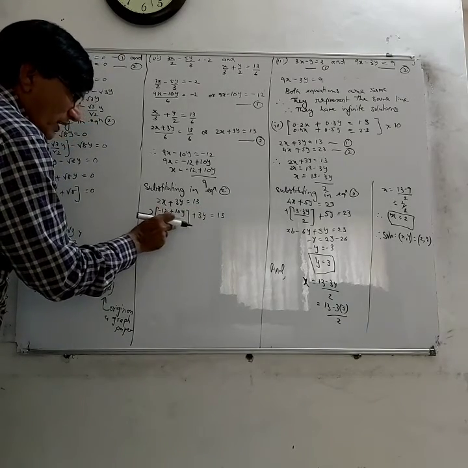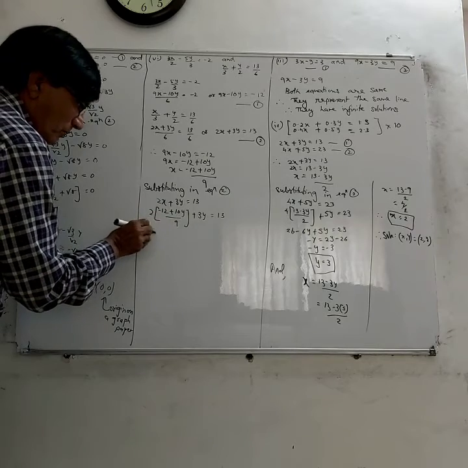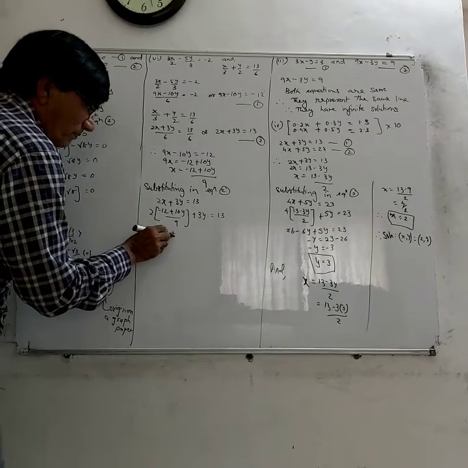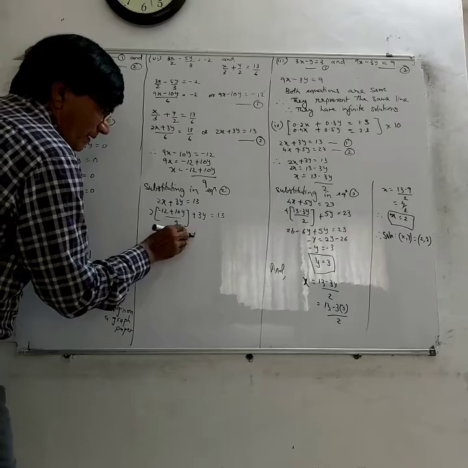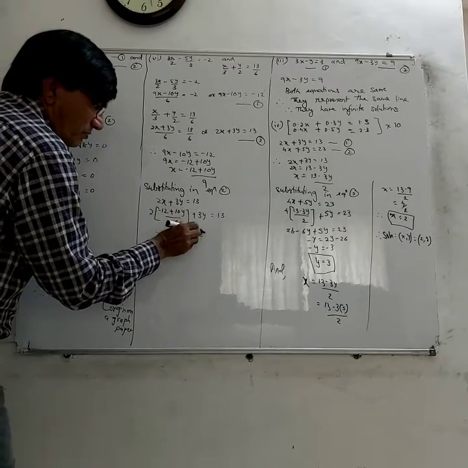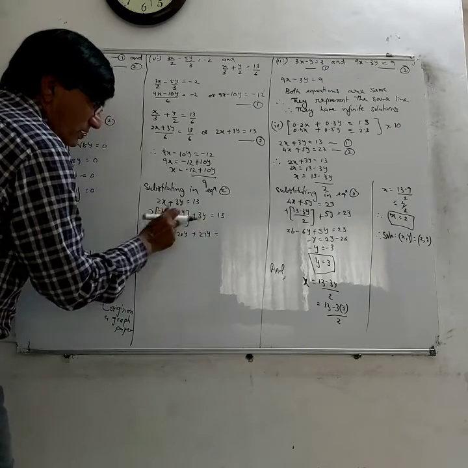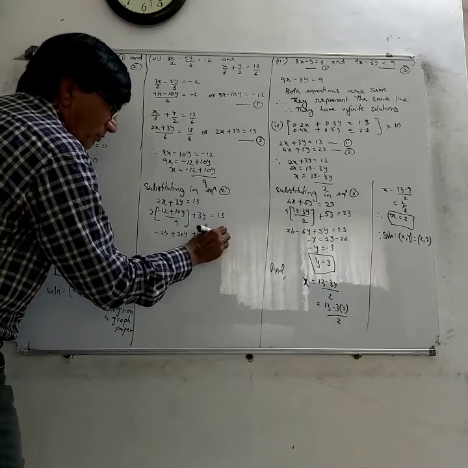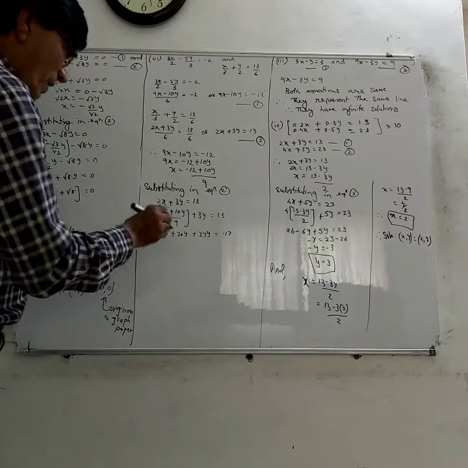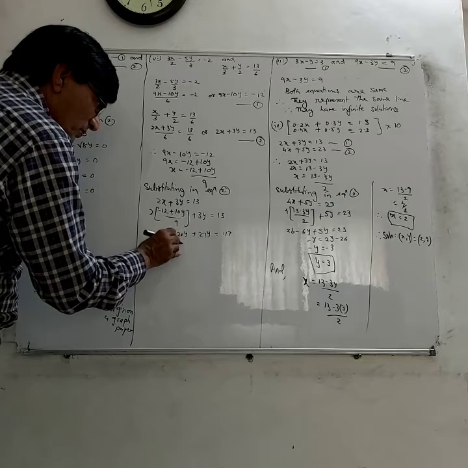Now you can see here, this is 9. So 2 12's are 24, 20y plus 9 3's are 27y, 13 into 9 is 117.